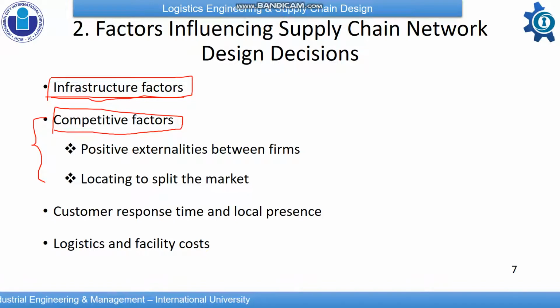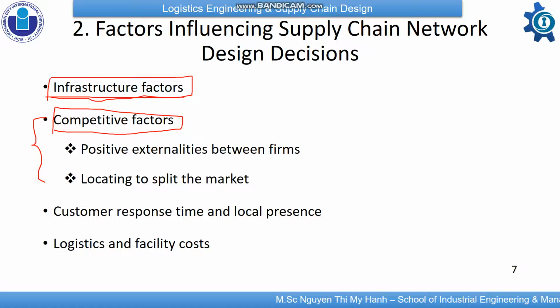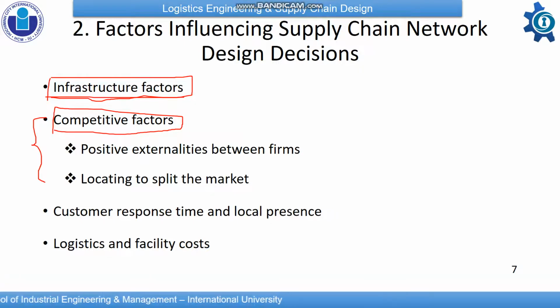However, the transportation cost will decrease. So we have to compromise on how many facilities they should locate and where they should locate, so that they can minimize the total cost. Okay, so let's go back to the competitive factors.